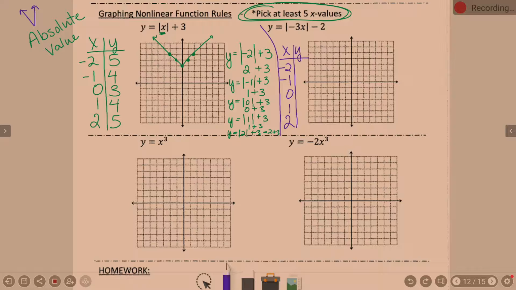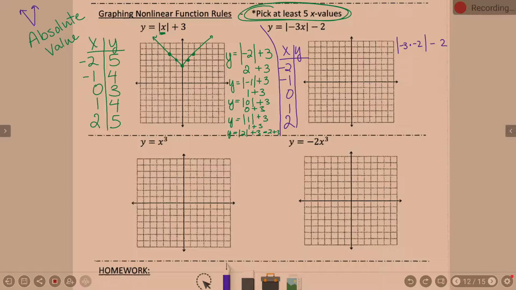Now, stay with me on this. When I put this in, the first value, absolute value of -3 times -2, and then minus 2. It's kind of like parentheses. Before you can work outside, you have to work inside. So what is -3 times -2? 6.